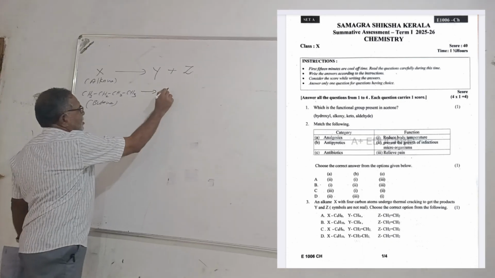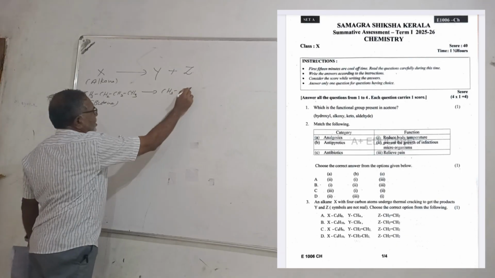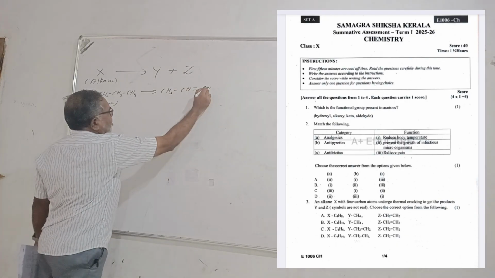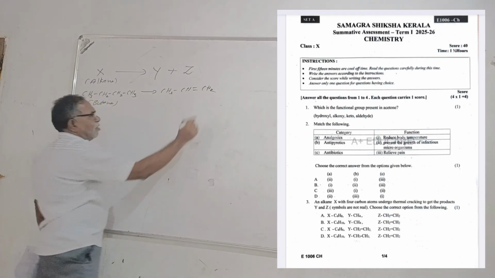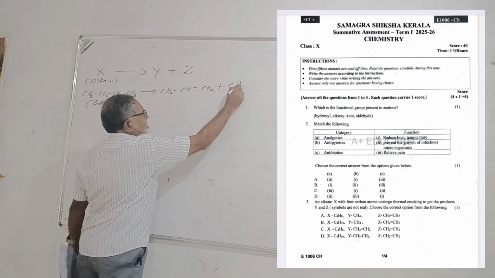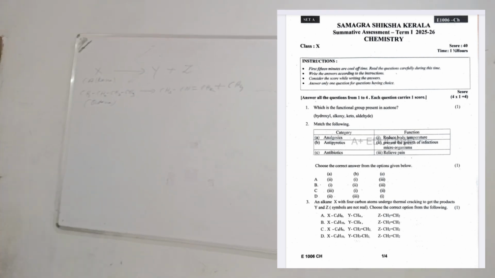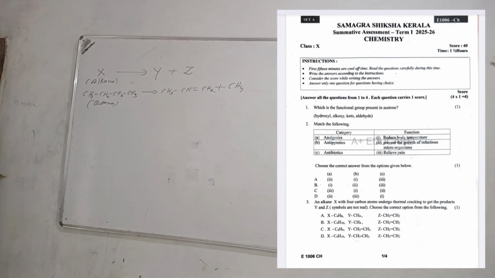Propene is CH3, CH, double bond, CH2, plus methane, CH4. But I cannot see the options there.